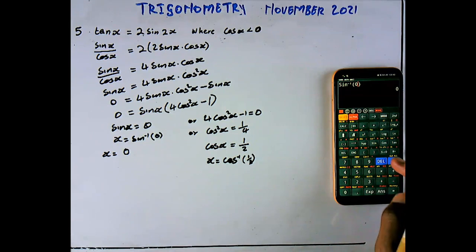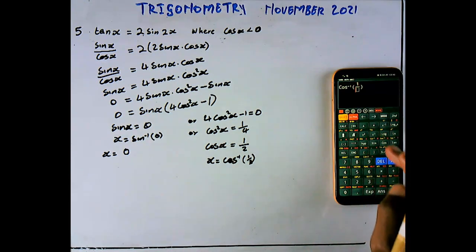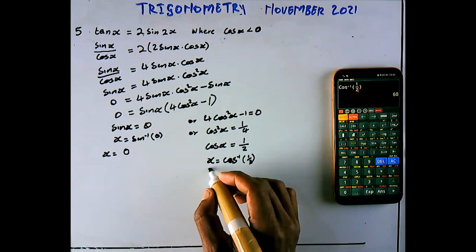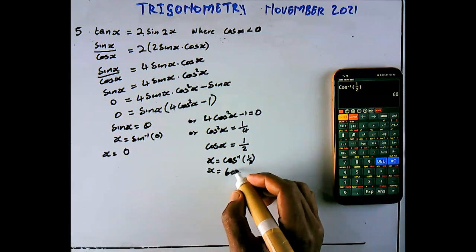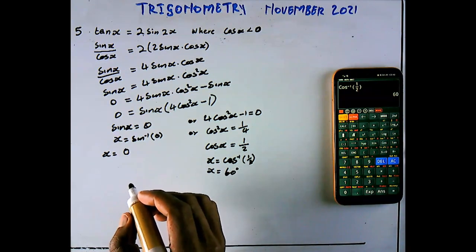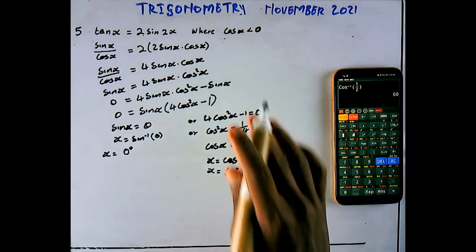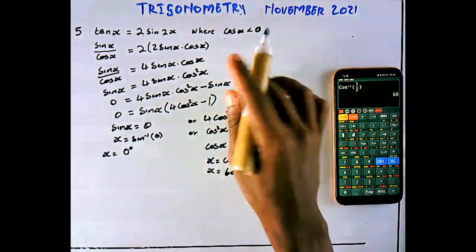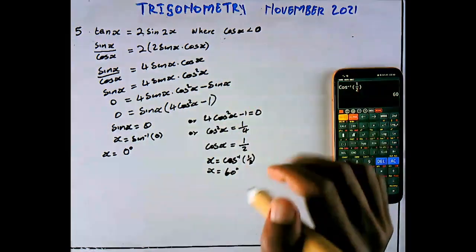And then this side, arc cos of the fraction half, so here x equals 60 degrees. This side is 0 degrees. So that is where cos x less than 0 is important now.